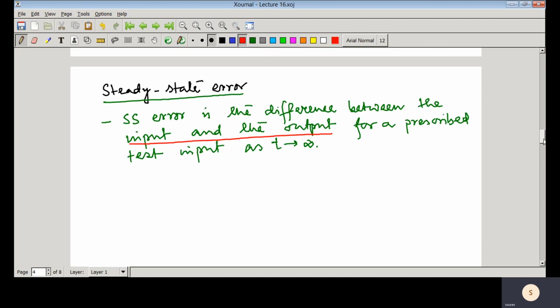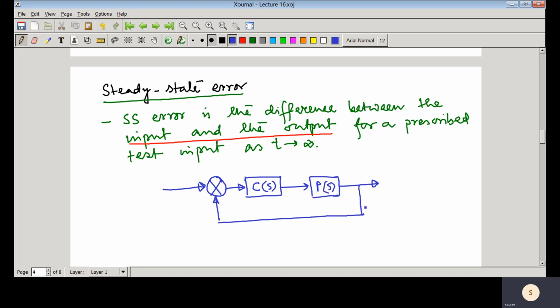So if we just draw the closed loop block diagram, here we have a controller, that is the compensator, and then we have the plant. If we close that loop, this is negative, and here suppose we have given the reference command and this is the output Y(s).